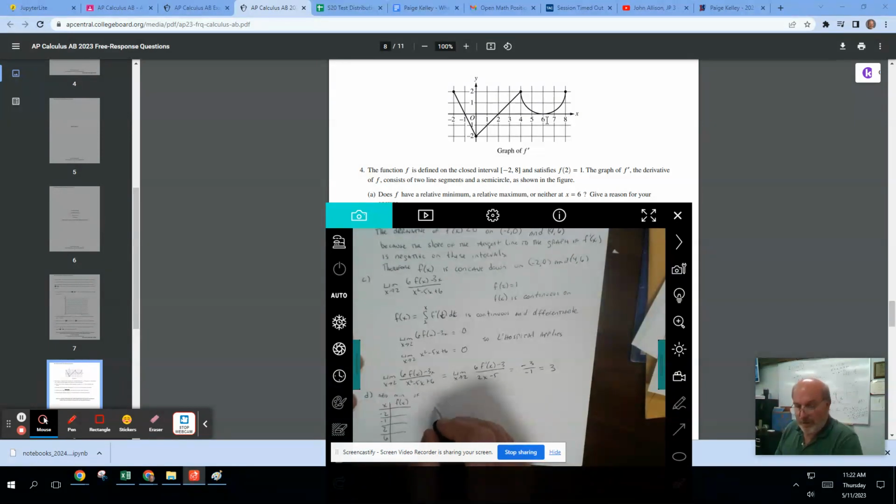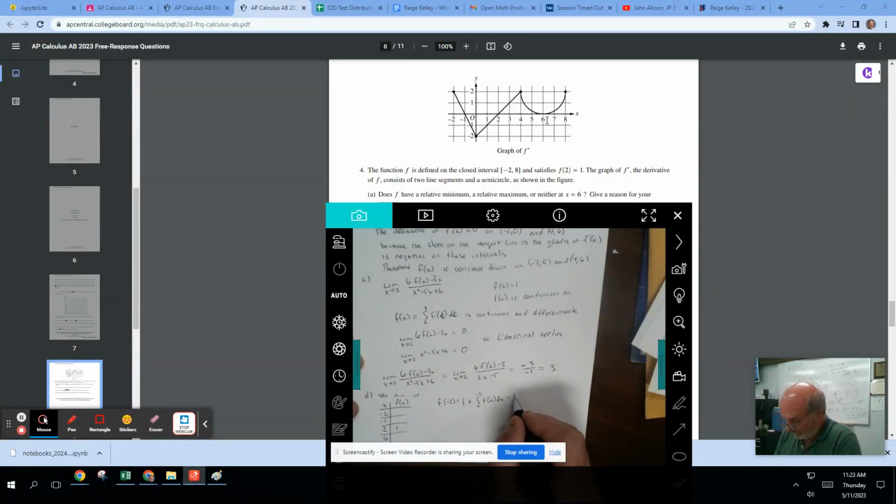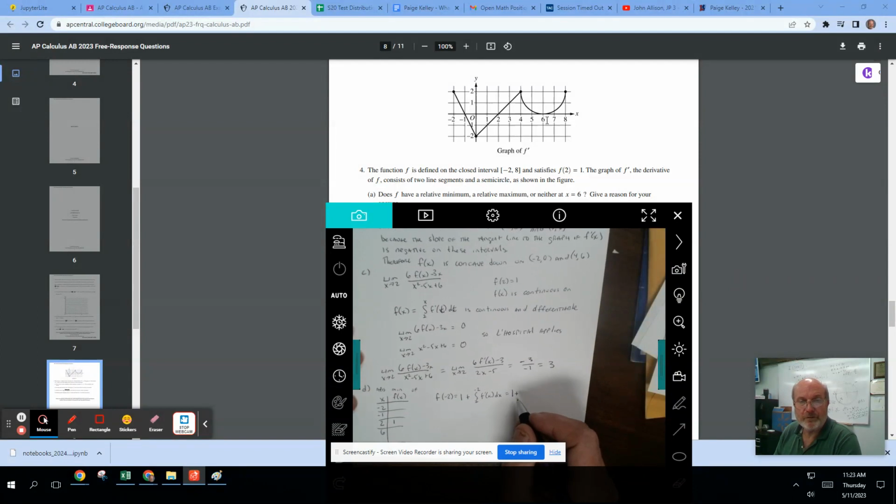So we know that f of 2 equals 1. And we're going to say that f of negative 2 is going to equal 1, and then the area is going to be going the opposite. Let's go plus the integral from 2 to negative 2 of f prime of x dx, which equals 1 plus the initial value plus that accumulation function.